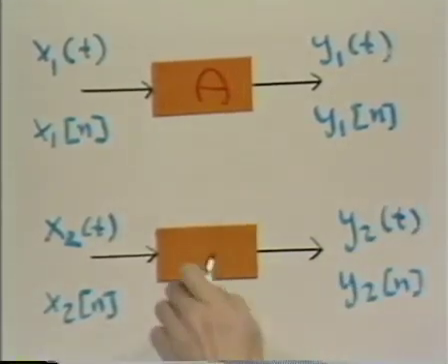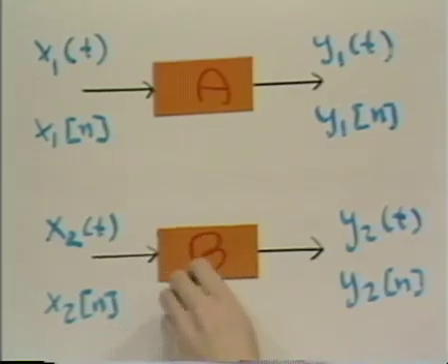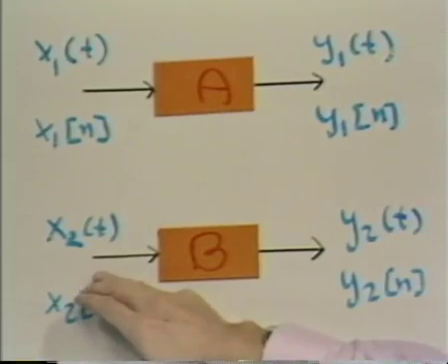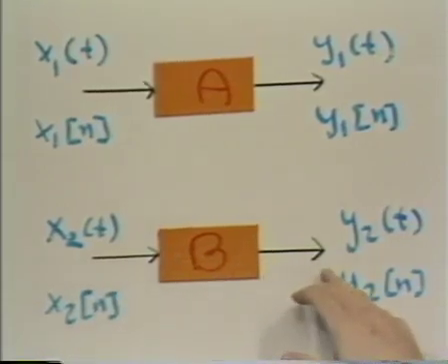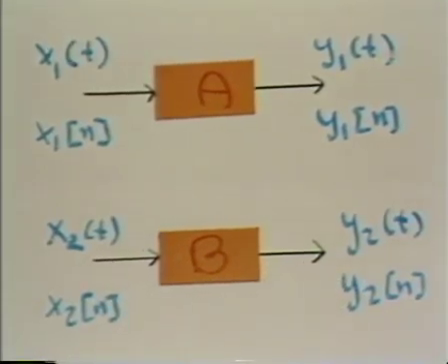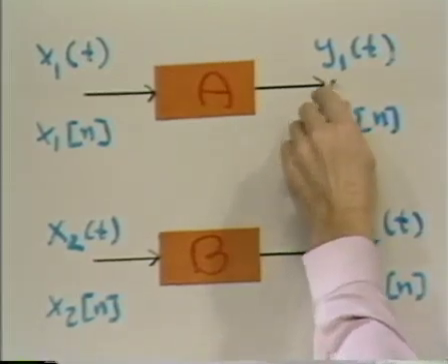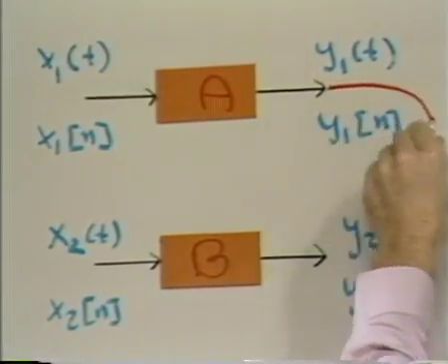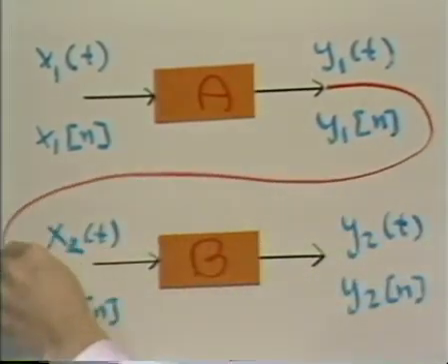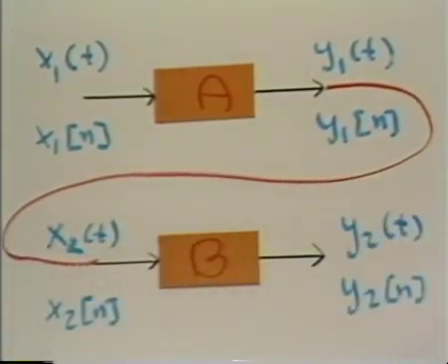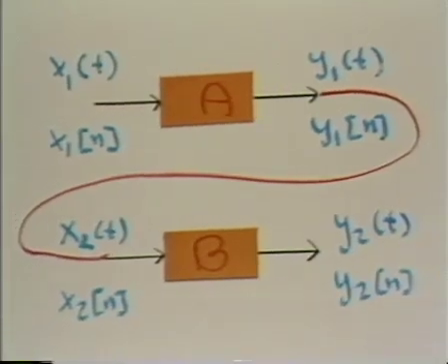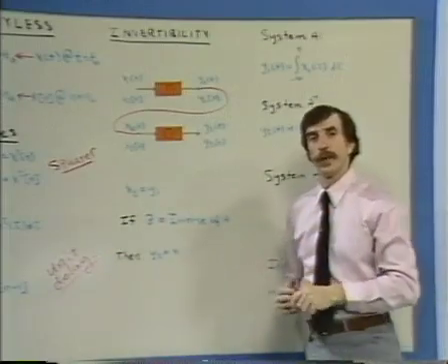And here we have system B with its associated input and output. And now let's put these two systems in cascade. So we'll take the output of system A and feed it into the input of system B.